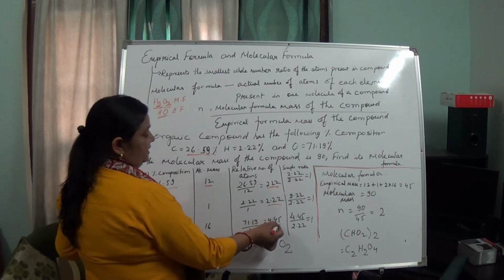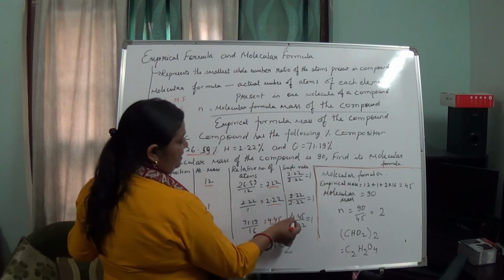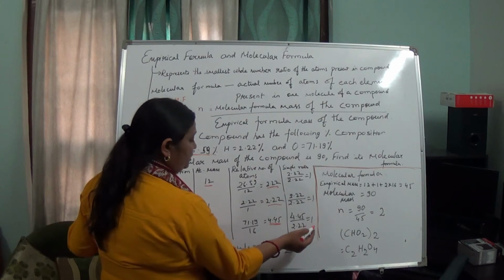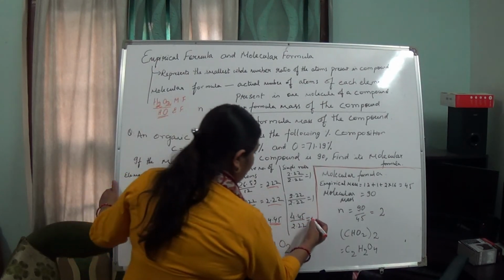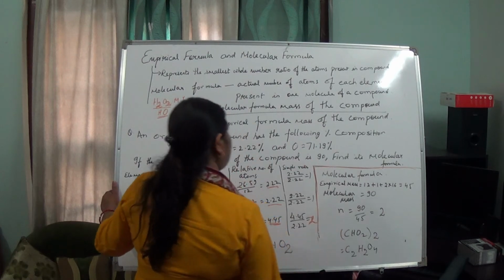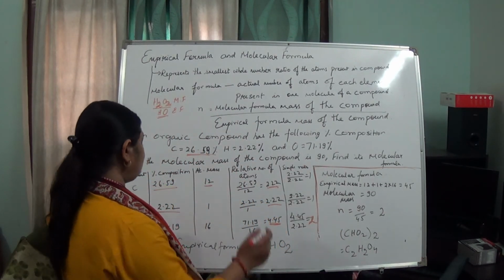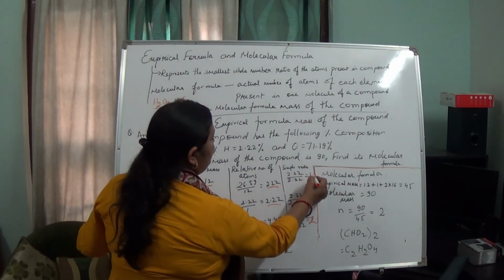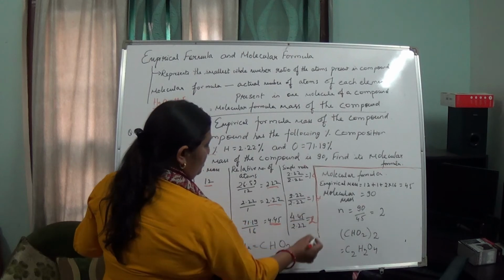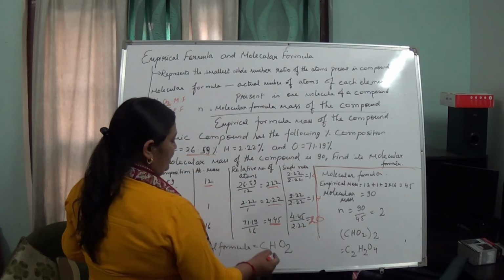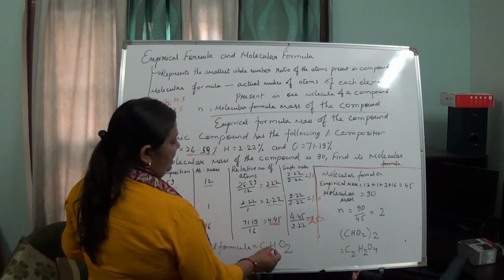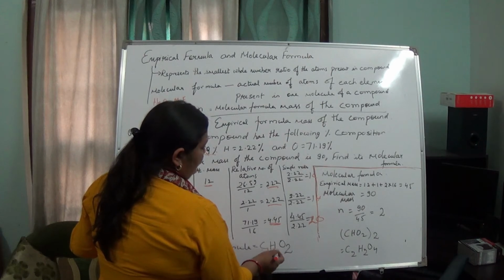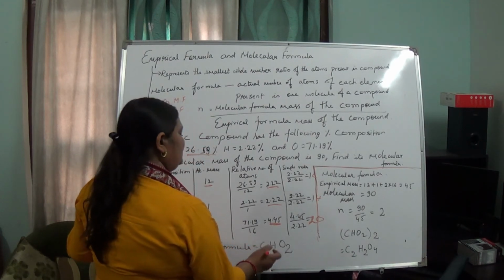But in this case it is a bigger number: 4.45 divided by the smallest number gives 2. So what will the empirical formula become? Carbon is 1, hydrogen is 1, oxygen is 2. So you write the formula CHO2. Writing 1 is not applicable, so you don't write it, only CHO2.